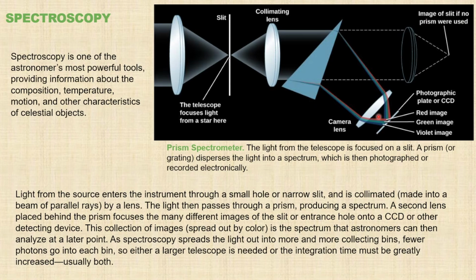If you want to measure something in the red, you put your detector in the red image, red detector here, which forms a red image, versus green, versus violet, and so on. So here are multiple detectors that have CCDs, or photographic plates. And that's the spectroscopy.